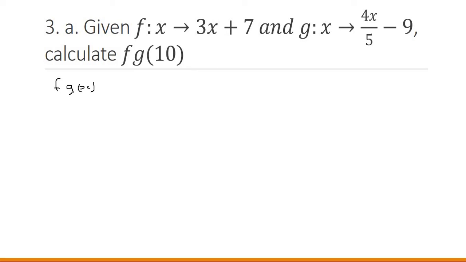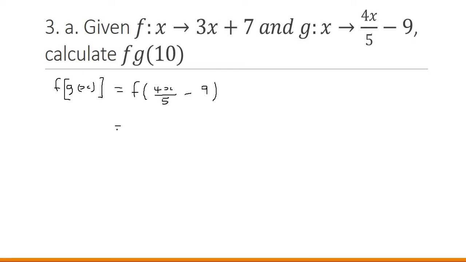Now, remember that f of g of x means we are substituting g of x into the function f. So we're going to substitute 4x over 5 minus 9 into this function 3x plus 7. So in other words, we could rewrite this as f of 4x over 5 minus 9, right?